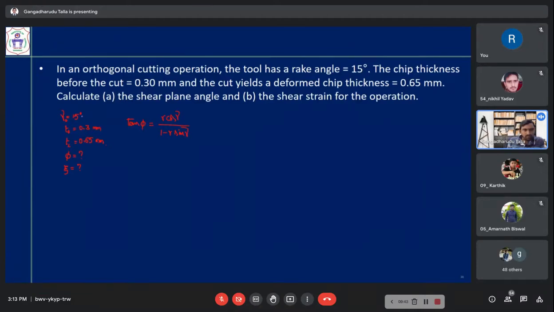Now gamma is known, but we don't know r. Now can we find r? What is r? t0 by tc. Just calculate and tell me what is this value.